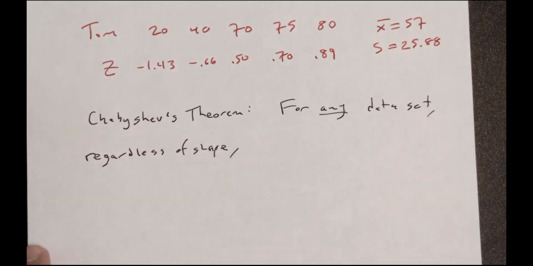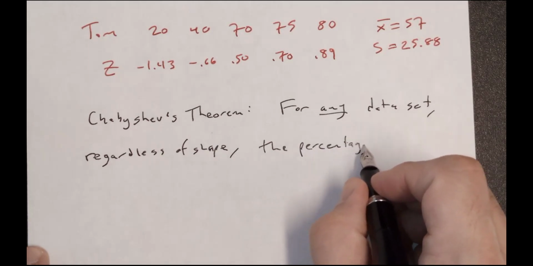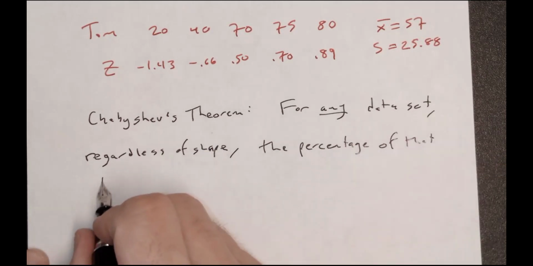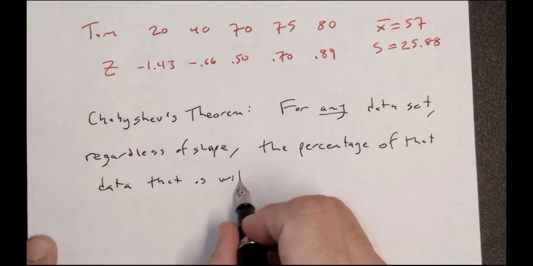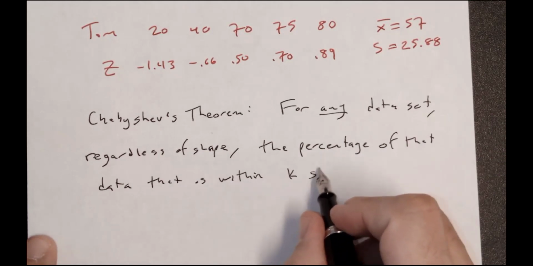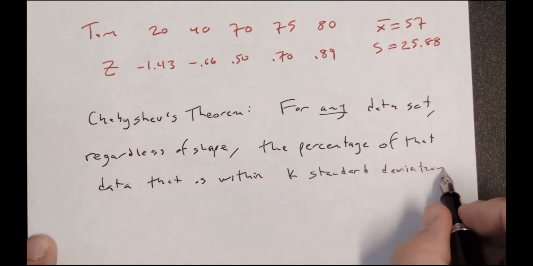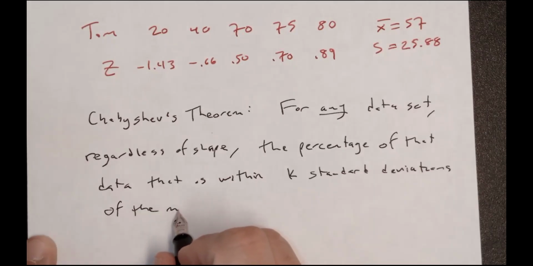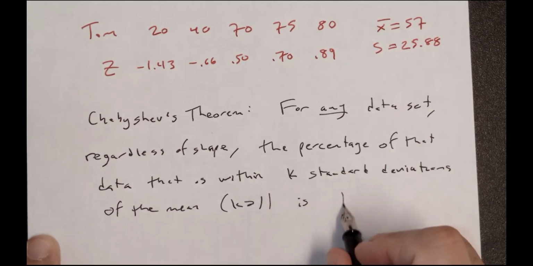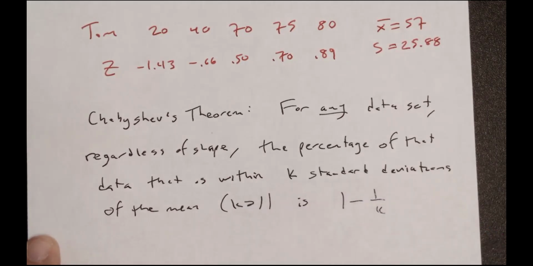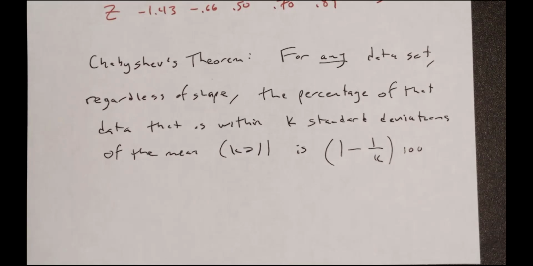For any data set, regardless of the shape, the percentage of that data that is within K standard deviations of the mean, for K bigger than 1, is 1 minus 1 over K, times 100 to turn it into a percentage.